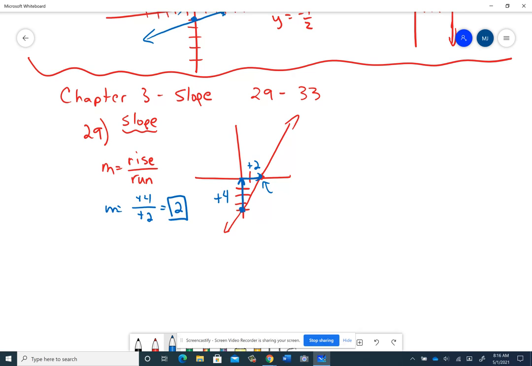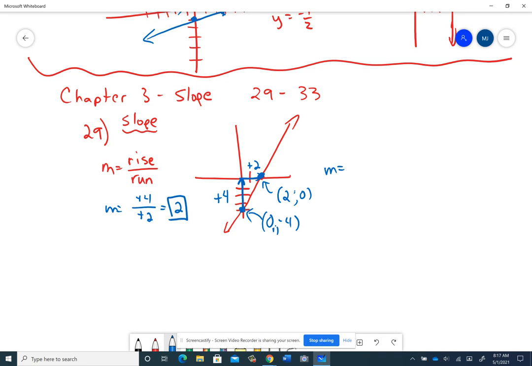Some of you find the coordinates of these points, and you can do that. That would work, but you're opening yourself up to making a mistake because you'd have to be sure these coordinates are correct. And that's not 0, 2, that's 2, 0. This one is 0, negative 4. So that is a source of error.